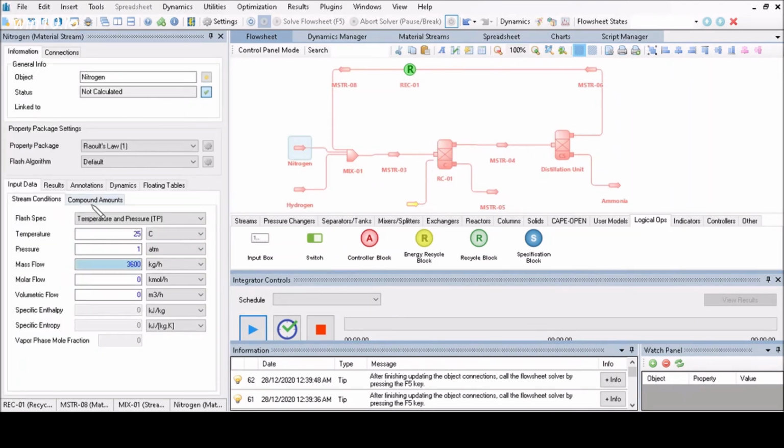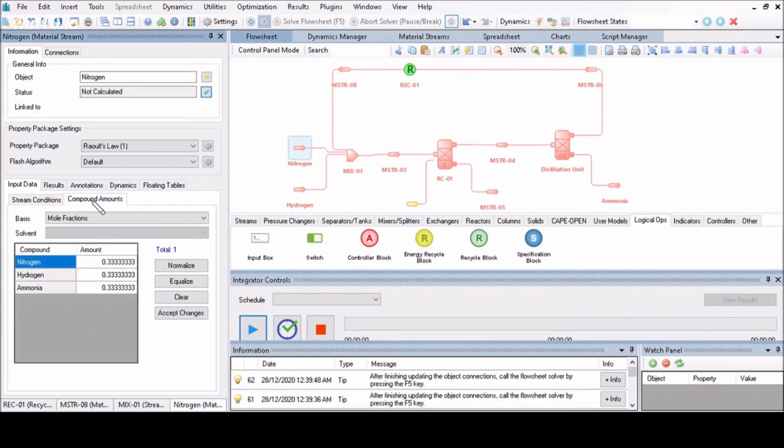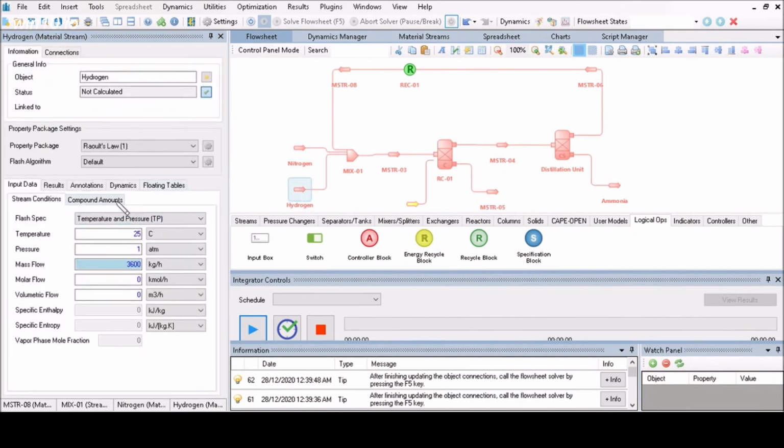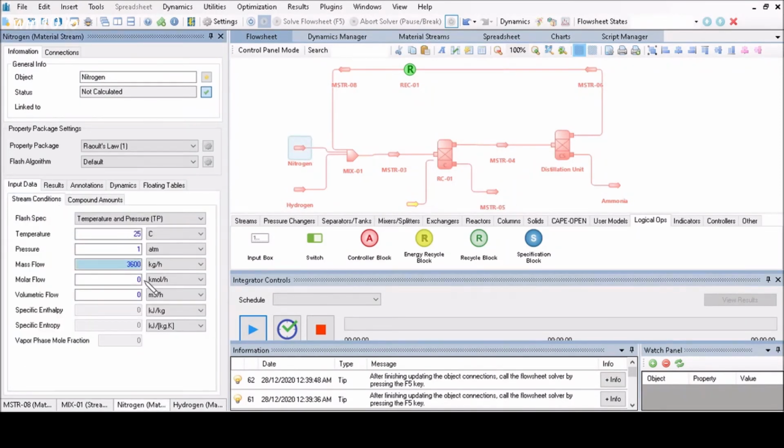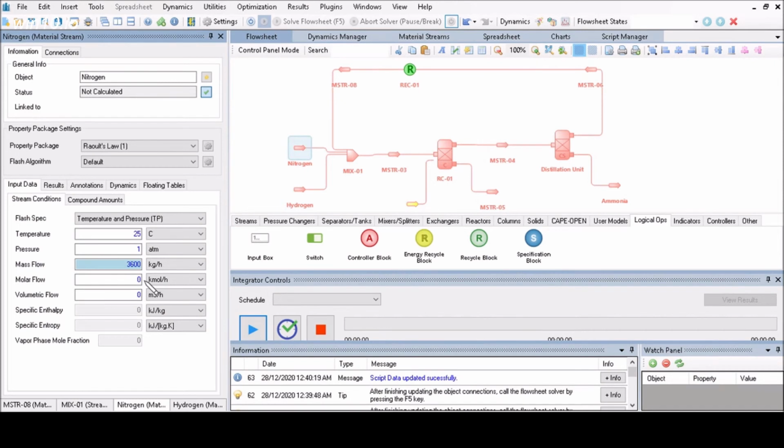we have to specify in our nitrogen stream that it is only pure nitrogen, and in our hydrogen stream we also have pure hydrogen. And since we already have solved for the flow rates of our nitrogen and hydrogen streams, we could just input it here.